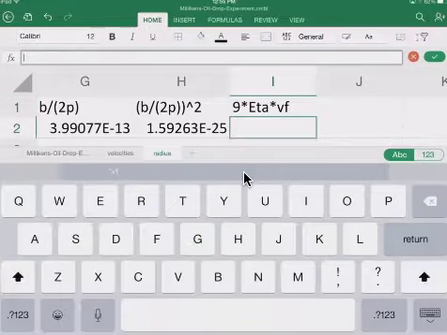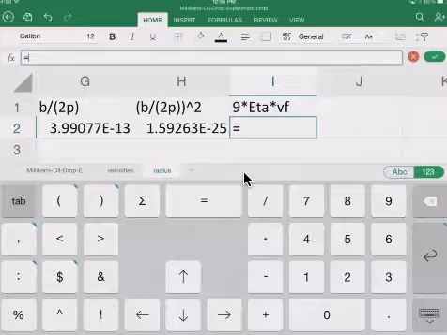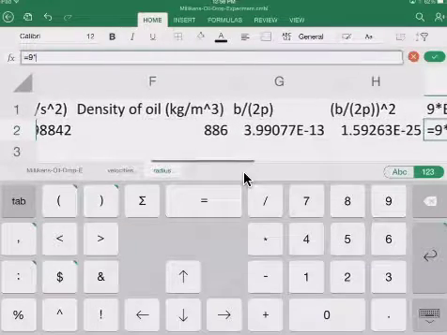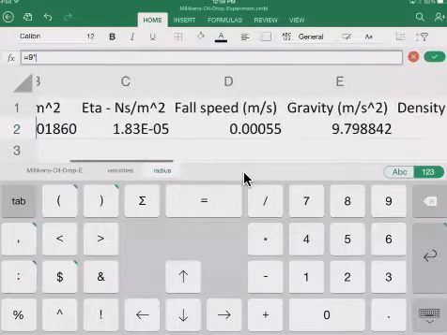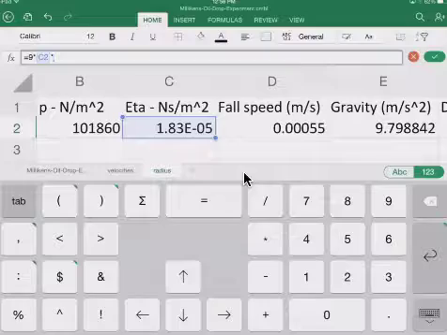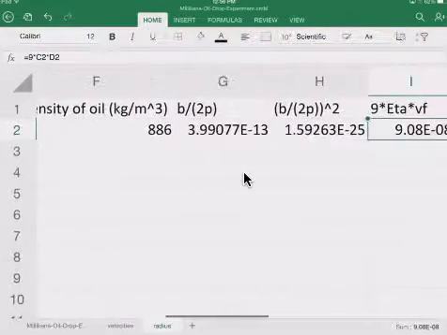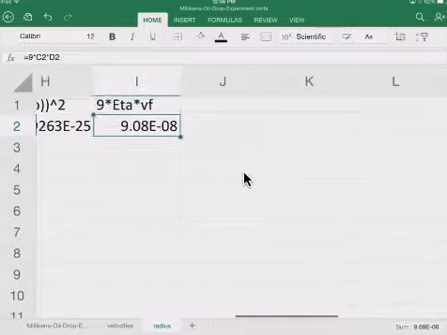All right, so we can do this fairly quickly. You say 9 times, need to put an equal sign in there, 9 times, and what do we have? We have eta times our fall speed, fall velocity, and then that calculation is actually done.